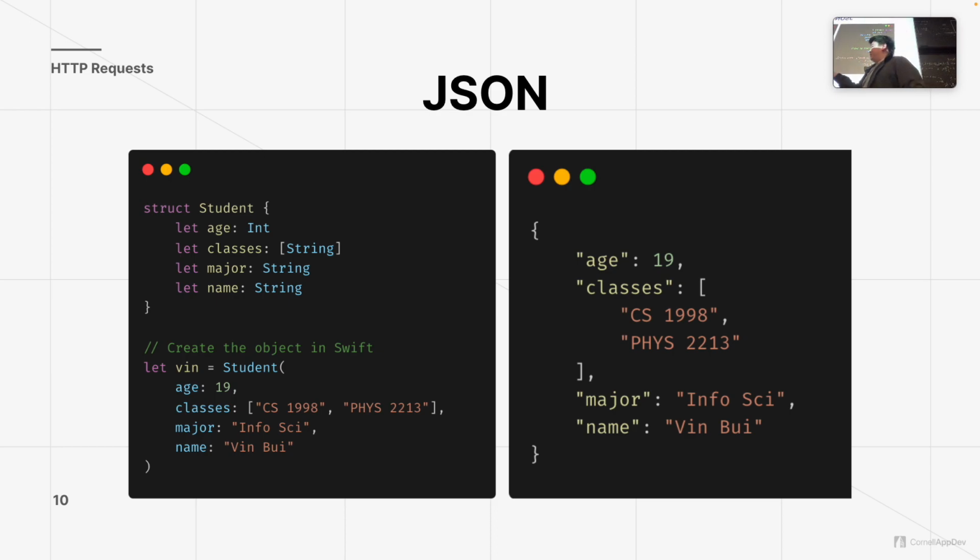That value can be of any type as long as you specify that encoding. However, all the keys, so age, classes, major, and name, have to be in string format. So how you directly make that translation is that all the constant names are the key strings, and all the values are the values in the JSON string.